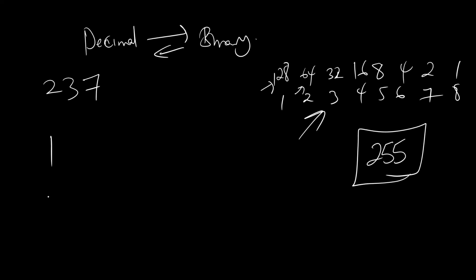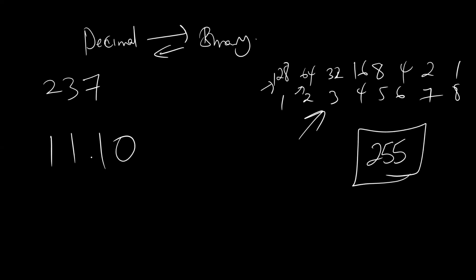Definitely 128. 128 plus 64, 192. 192 plus 32. Let me see, 192 plus 32. I'm at 224. So definitely it's there. I'm at 224 now. Then 224 plus 16, 240.